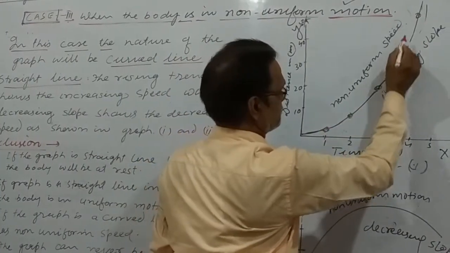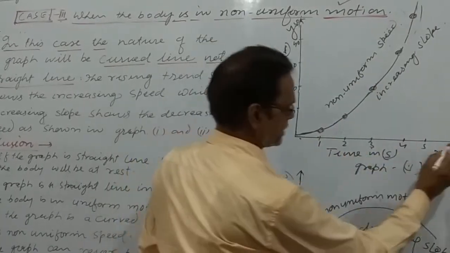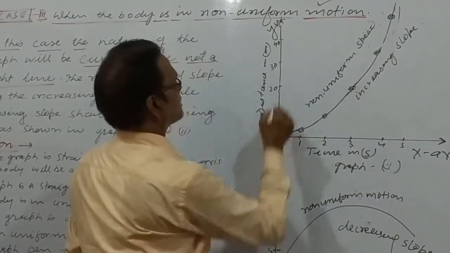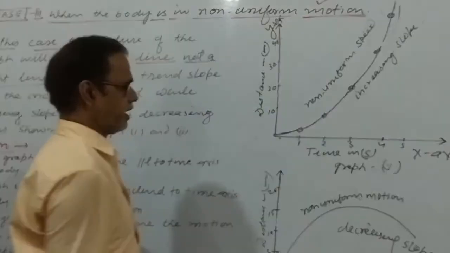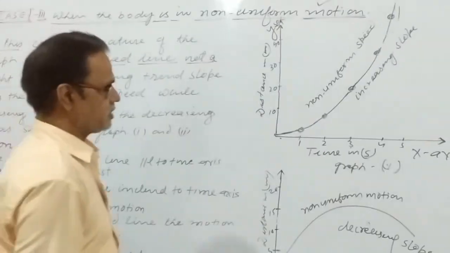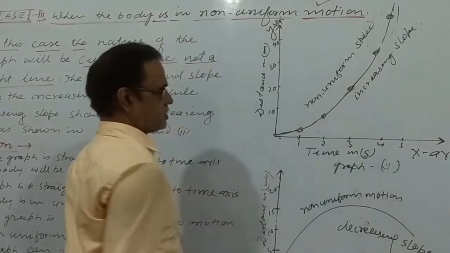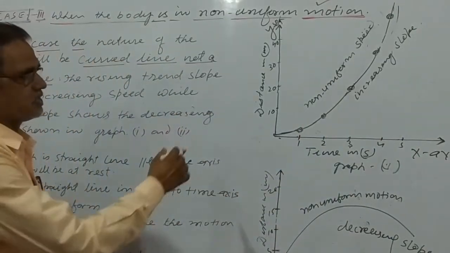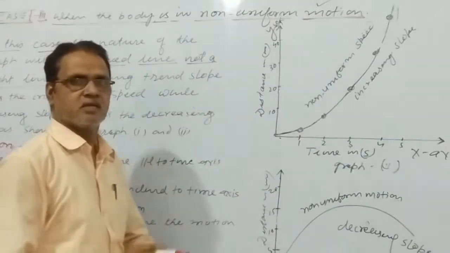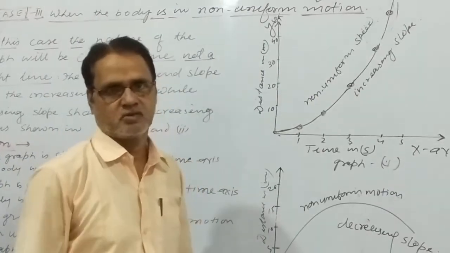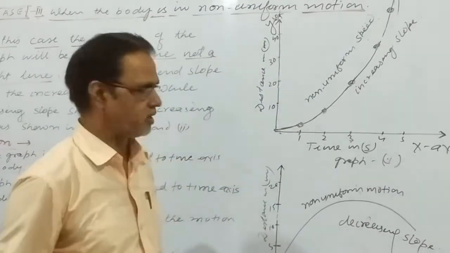See the graph. Time is taken on x-axis and distance is taken on y-axis. As the time increases, the distance also increases, but not at a uniform rate. It is a non-uniform rate.